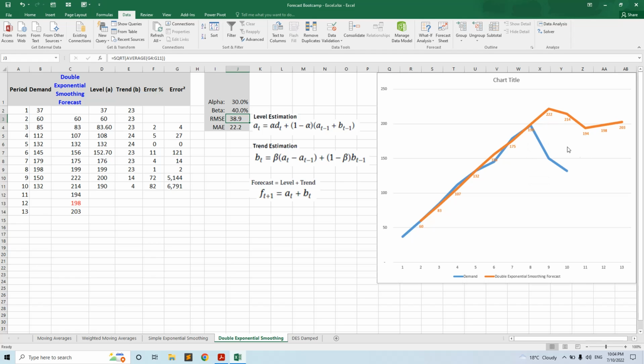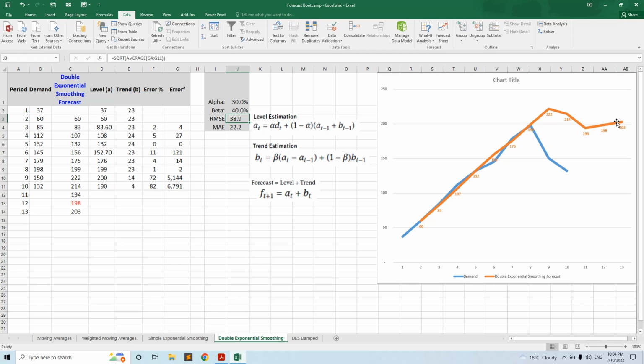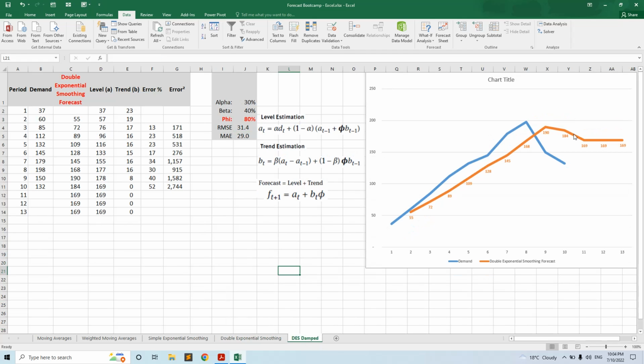Okay, so now we see the trend of the forecast, and here with the phi parameter we see that while the forecast was going up indefinitely, now it is decreased. It is decreased, and at some level it remains constant, because you see the trend is diminished until it gets to zero.